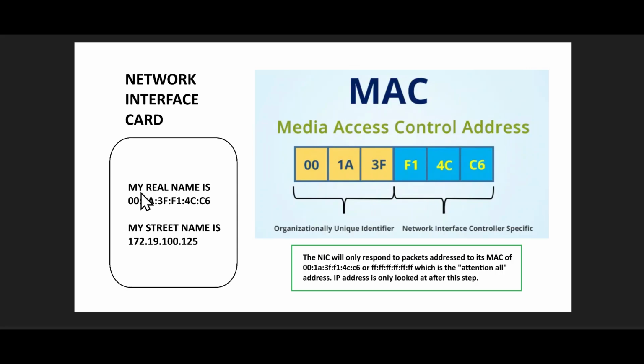It's supposed to be unique across the whole world if everyone plays fairly, and it's called the MAC address, which stands for Media Access Control Address. It's very similar to the IMEI number on a cell phone. It's supposed to be unique to that device.